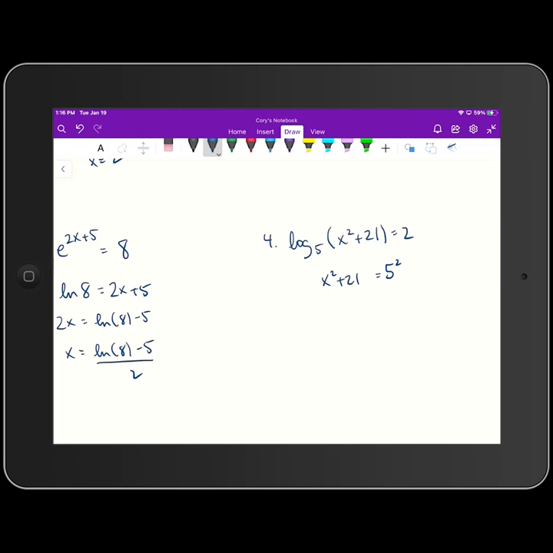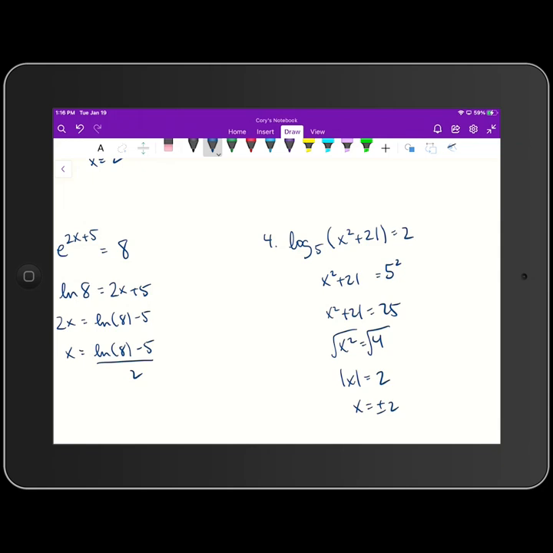So this just transforms into a quadratic equation. We get x squared plus 21 is equal to 25. I'm going to subtract 21 on both sides, which gives us x squared is equal to 4. Take the square root. Absolute value of x equal to 2, which makes x equal to plus or minus 2.